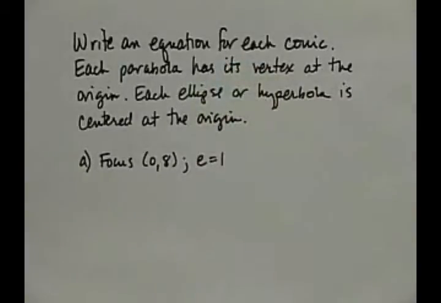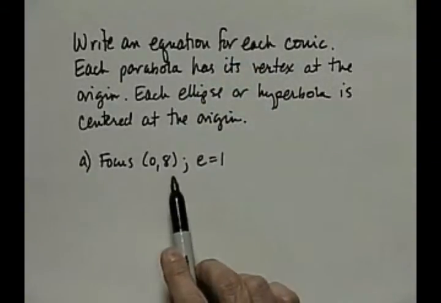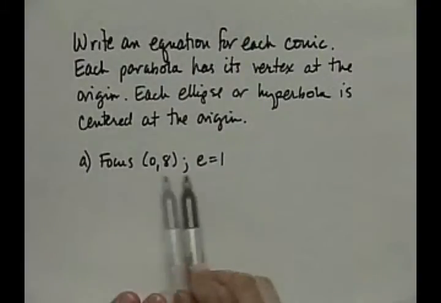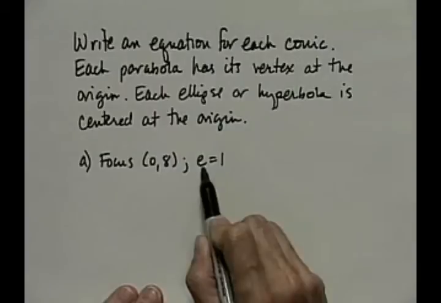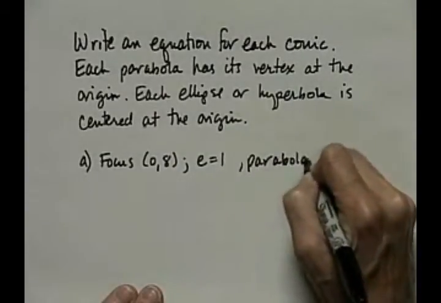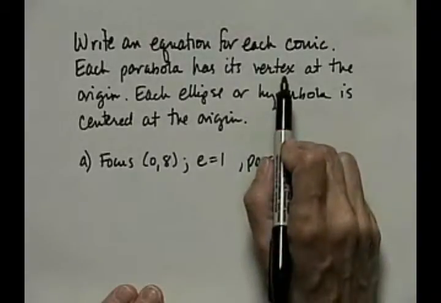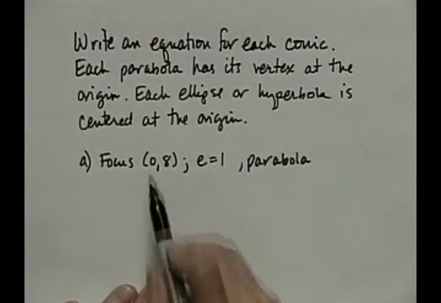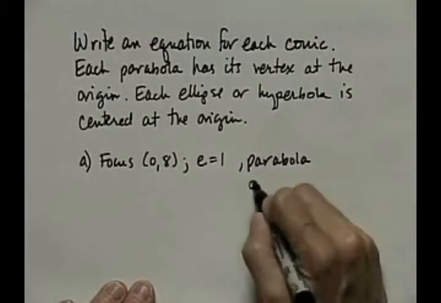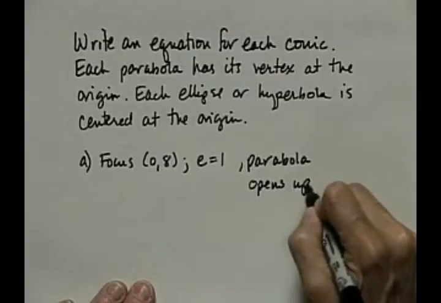Let's do that. What we want to do is write an equation for each conic, and we'll start with this one. Each parabola has its vertex at the origin. Each ellipse or hyperbola is centered at the origin. Well, the particular conic we're looking at here has eccentricity 1, which means it has to be a parabola. So we know automatically its vertex is at the origin. If its focus is at (0, 8), that means the parabola opens up.